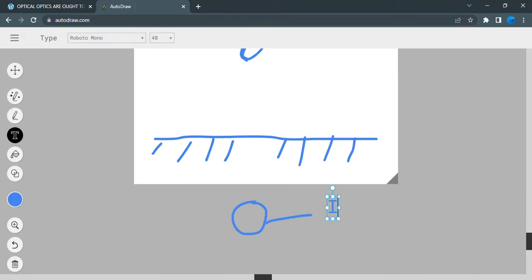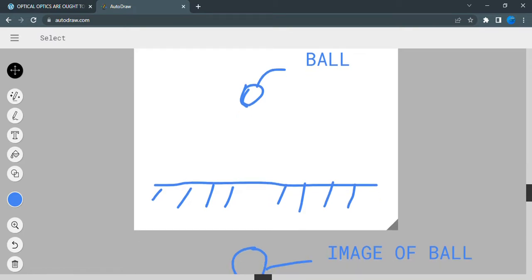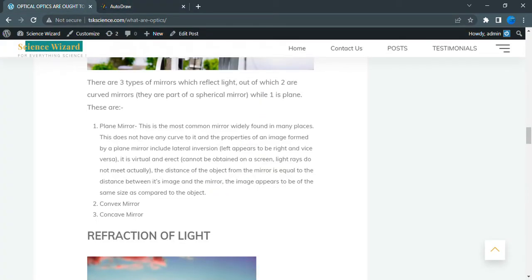Let's call this the image of the ball. Now, by the law of reflection, the distance between the ball and the mirror is going to be equal to the distance between the image of the ball and the mirror. So there's going to be some distance between the ball and the surface of the mirror. This is equal to the distance which appears to be present between the image of the ball and the mirror. These were the properties of the image formed by a plane mirror.